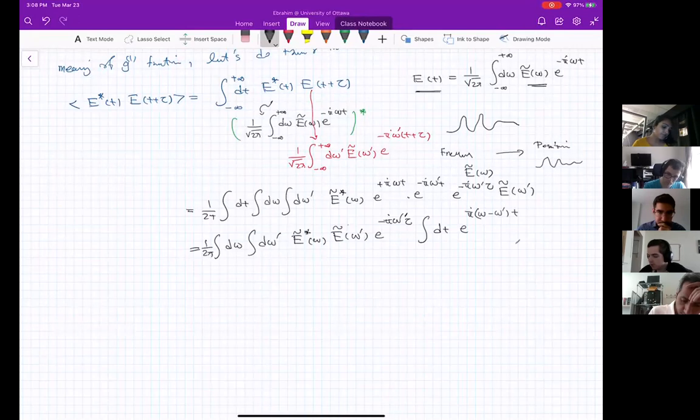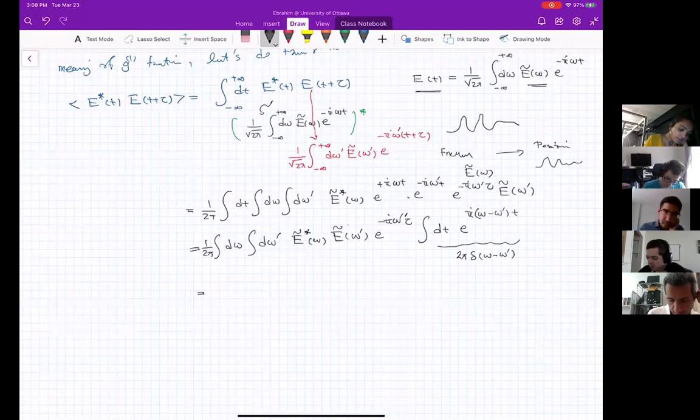What's this integral? Delta of omega minus omega prime. Yeah. That's all? With a coefficient of 2 pi? Exactly, with the coefficient of 2 pi. Then what I get is the integral of d omega.